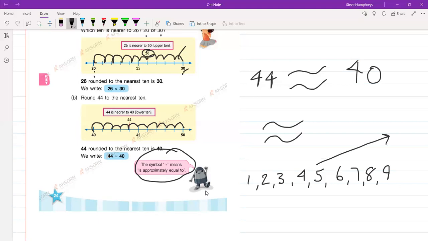If it's 5, 6, 7, 8, or 9, your last digit, you round up. If your last digit is 4, 3, 2, or 1, you round it down. Okay, let's have a look at this in a bit more detail.